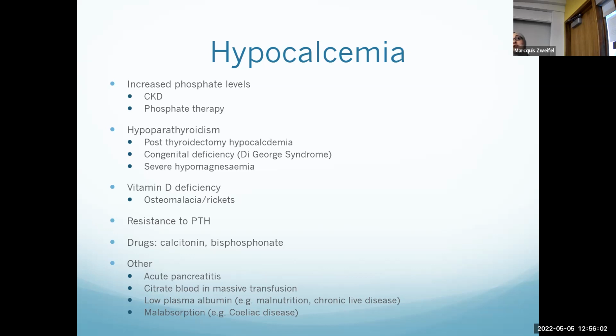Congenital deficiency and severe hypomagnesemia. Maybe vitamin D deficiency, something like osteomalacia and rickets, resistance to PTH, drugs like calcitonin and bisphosphonate, and others, things like acute pancreatitis, citrate, low plasma albumin, and malabsorption.